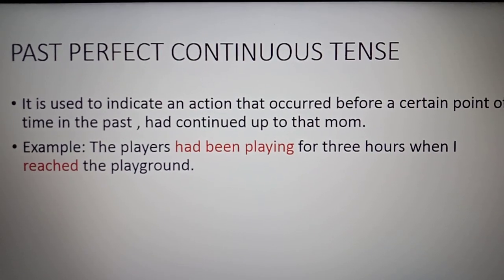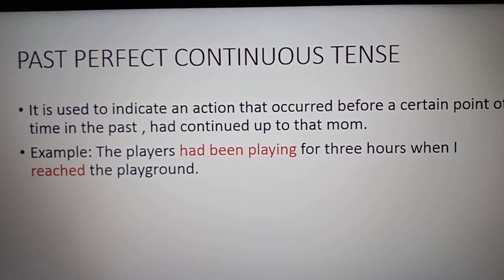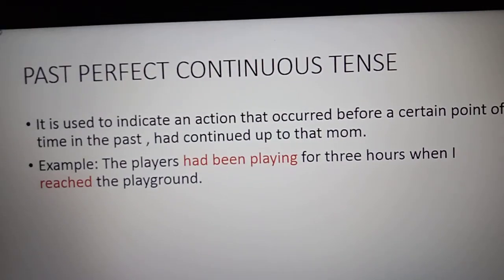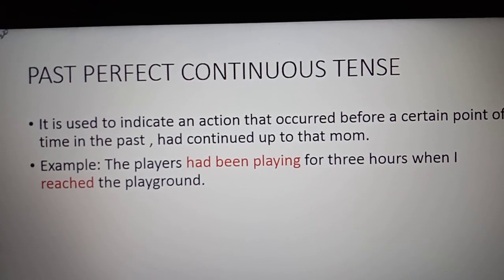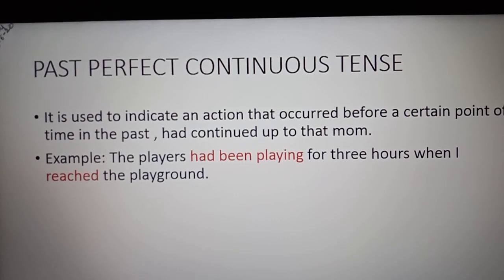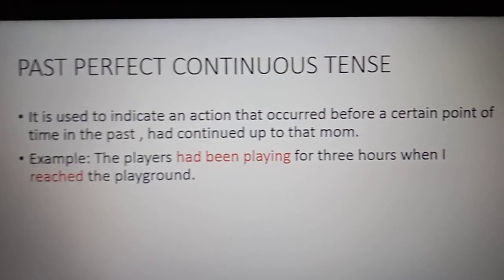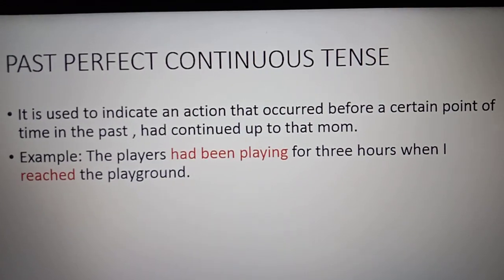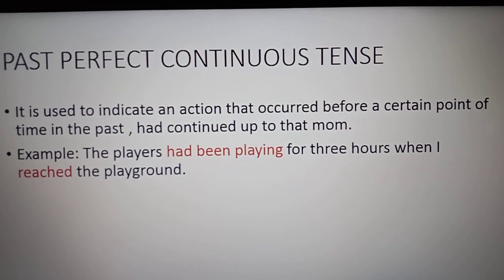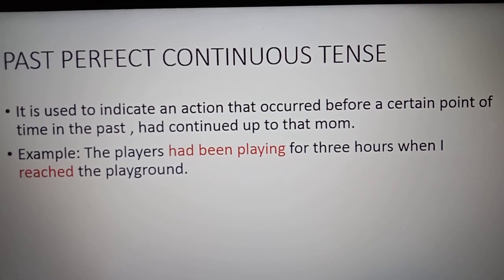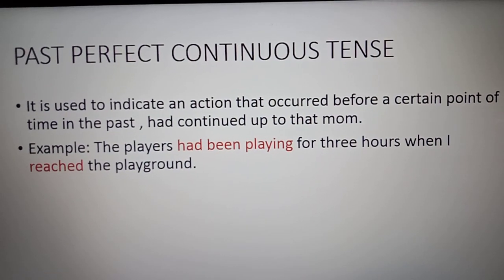See the last word what is given, it is moment, not mom. It is used to indicate that some action has already occurred in the past, had continued up to that moment, meaning it started and still it is continued.